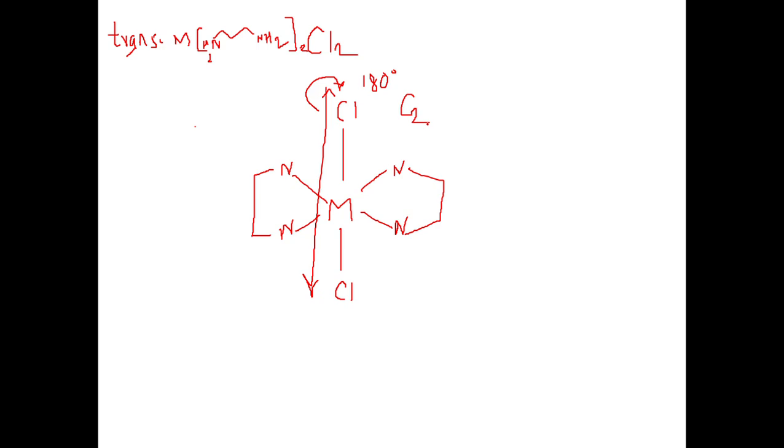You cannot pass a C4 axis because you will not get an identical image. So we have a C2 axis here. Now, is any subsidiary axis present? Yes. If you pass a C2 axis from here, you again get an indistinguishable one. And one more C2 axis is possible through this side, right?